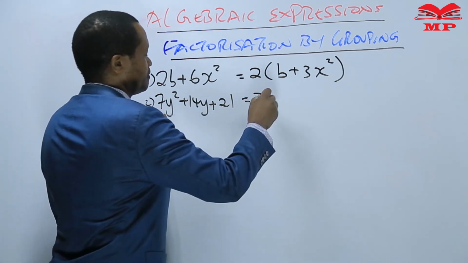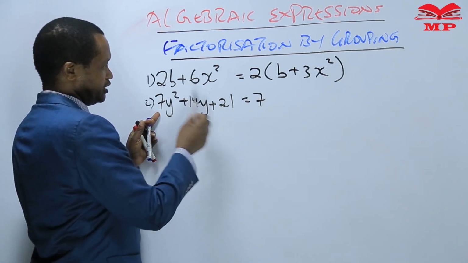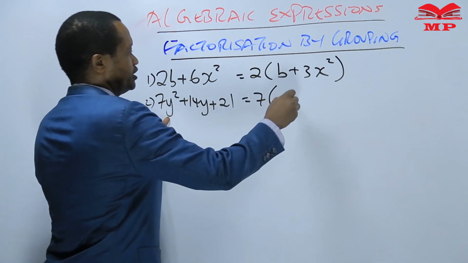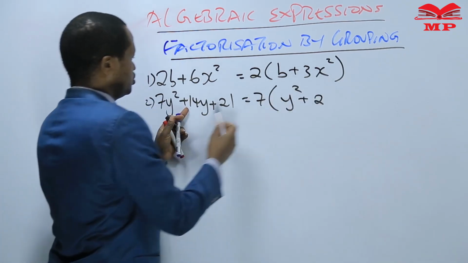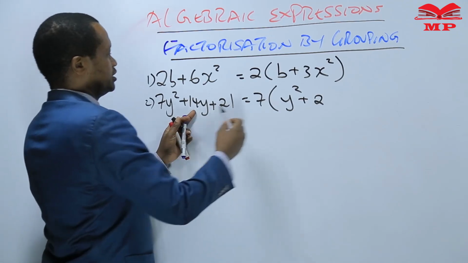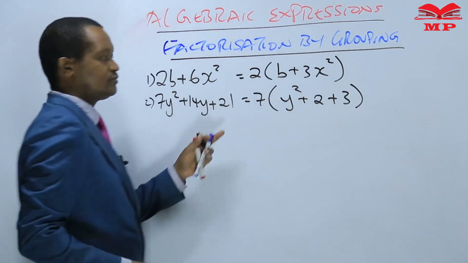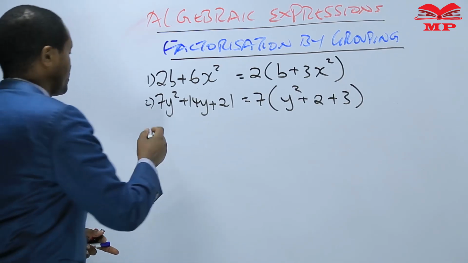So 7 can be divided into this, into that, and into that. So we have 7 into y squared plus 2y plus 3. That we learned. I'll take another example.